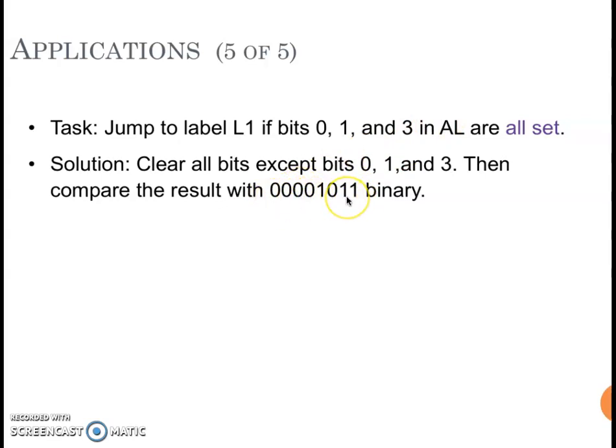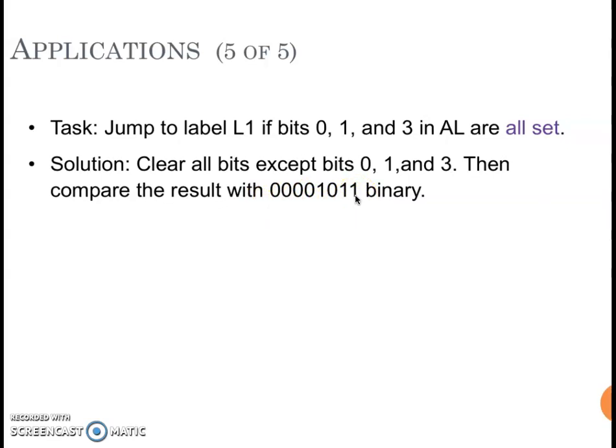If we AND AL with this value, all other bits become 0, but if these 3 bits are set, they stay 1. Since we need all of them to be set, later we need to compare the result: is it exactly equal to this value?